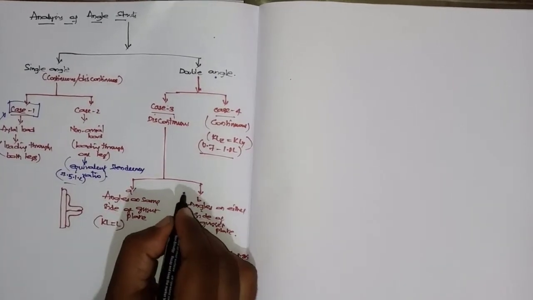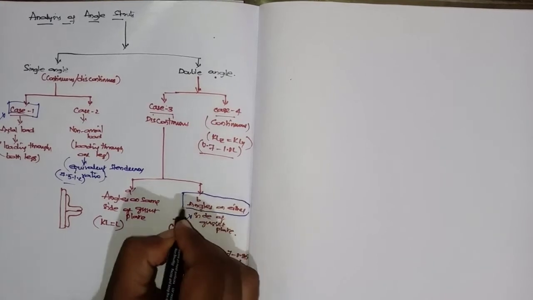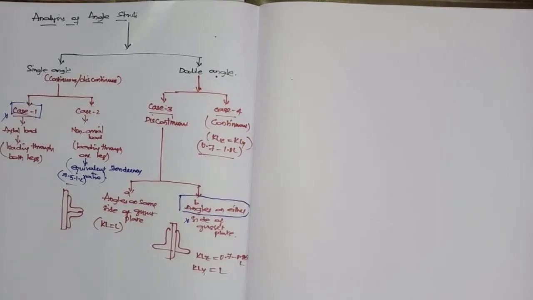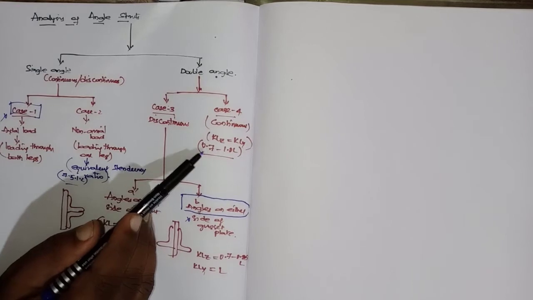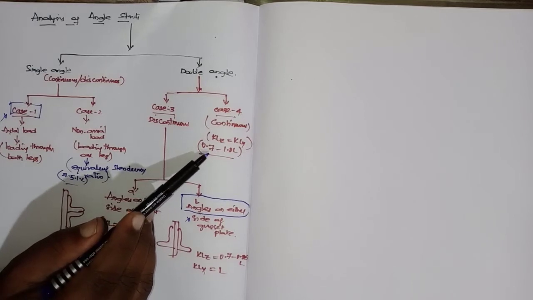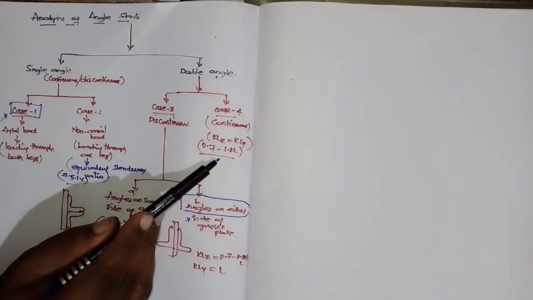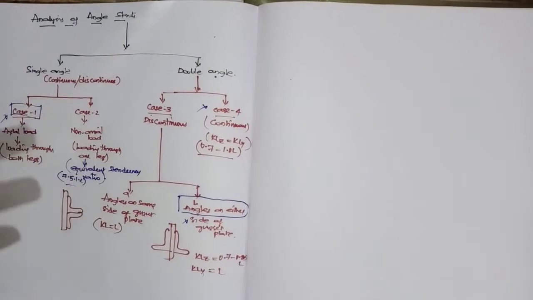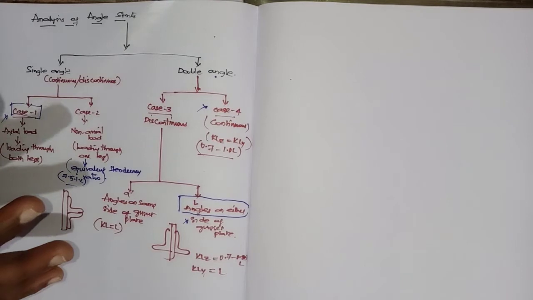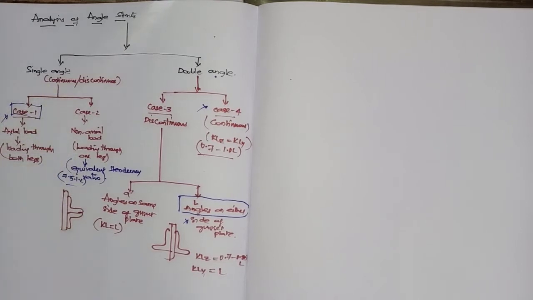Next, double angle continuous: this is also the same, similar to that of the I section.